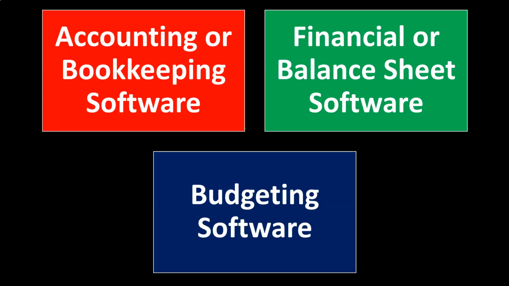Or do I want to think of other software that can help me with the budgeting process? In my opinion, no matter what accounting or financial software you use to compile the financial statements, Excel or Google Sheets is going to be part of your process generally to then make the budget, and then you might use some other software too to supplement that process.